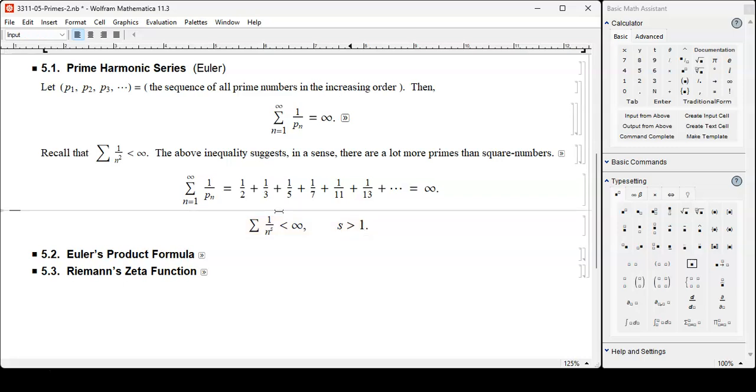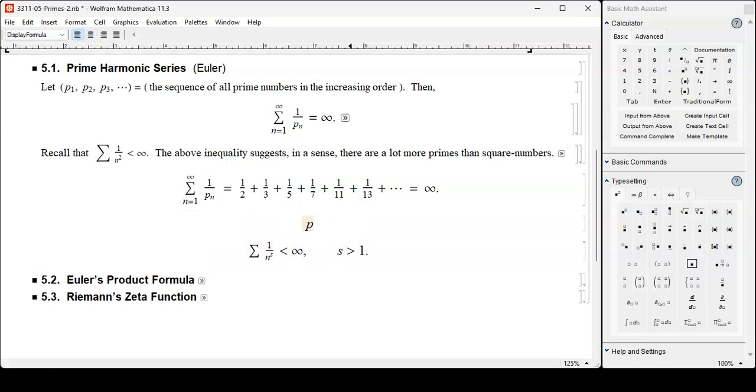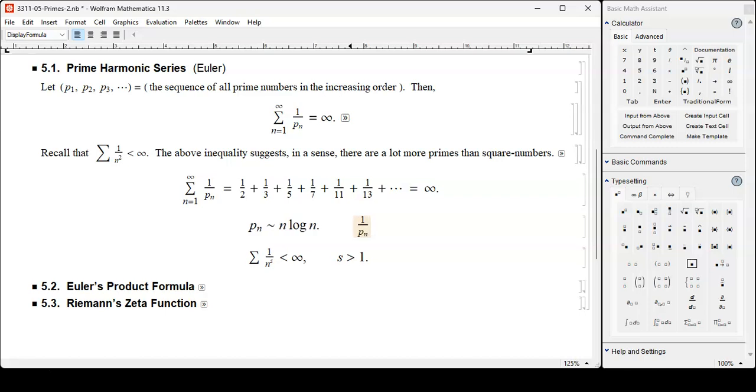And what's well known is that the growth of the prime numbers turns out to be asymptotically equivalent to n log of n, and therefore if I take the reciprocal, that's going to be in the order of 1 over n log of n.